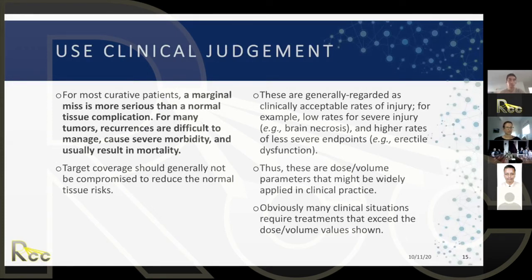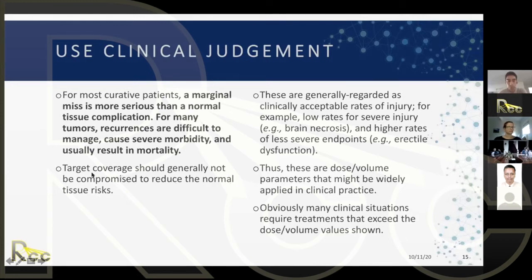Our main goal is to treat the target fully, because we know that if you have a marginal miss, this can be more serious than any normal tissue complication that you would get. Because for many, recurrences are difficult to manage, cause severe morbidity, and usually result in mortality, especially in countries where it's hard for patients to come and get seen a second time.